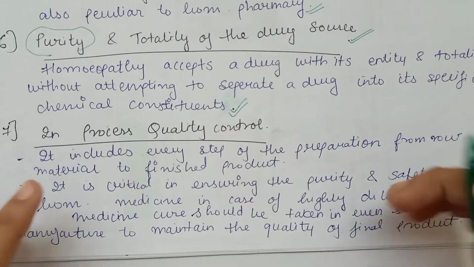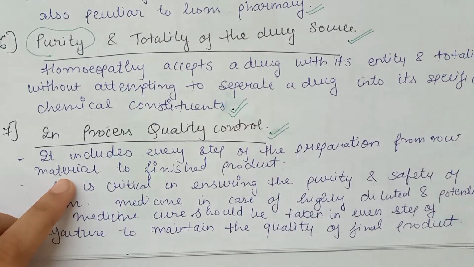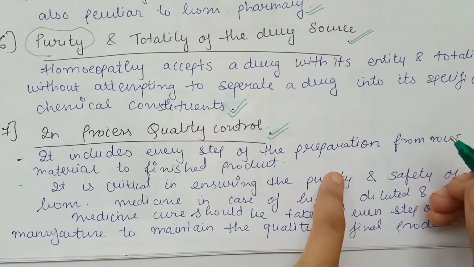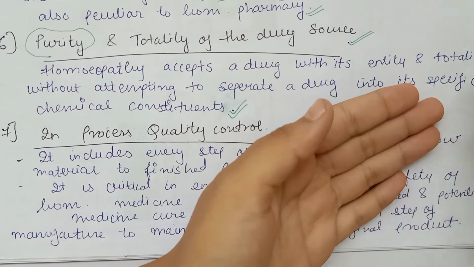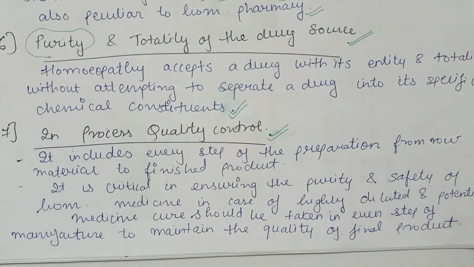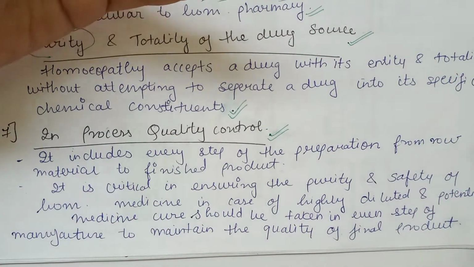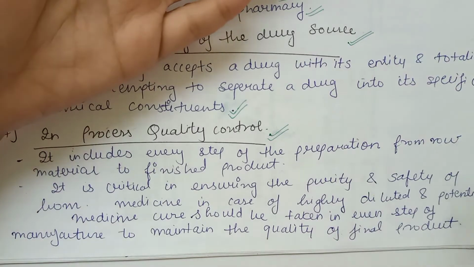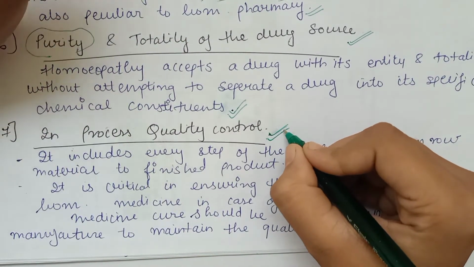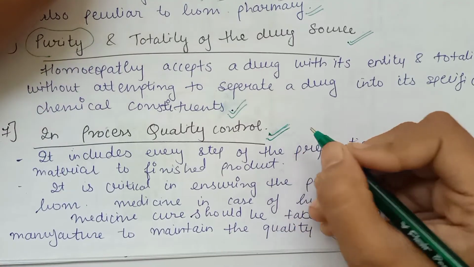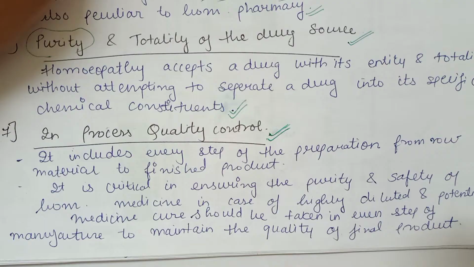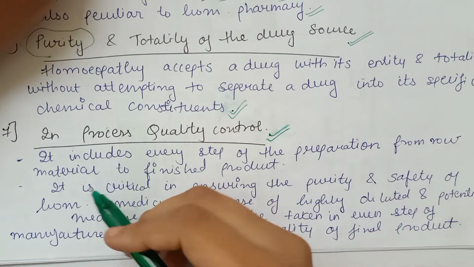Then in-process quality control, what is included here is कि after the preparation, the steps of the preparation are given by the HPI or pharmacopoeia. According to that we prepare. From the preparation to the final product, we see the quality is under control or the quality is best. Okay, so we have certain laws for it, but we'll see in our further topics.